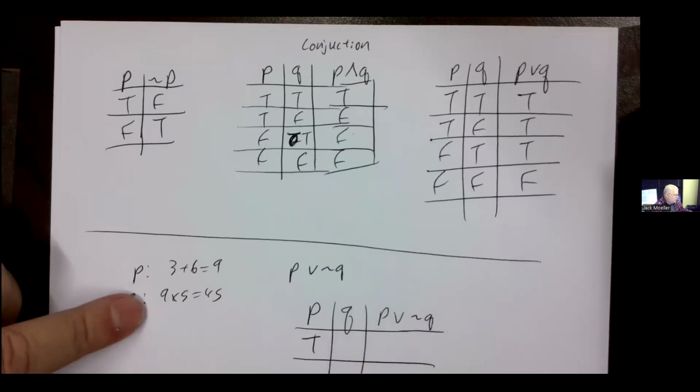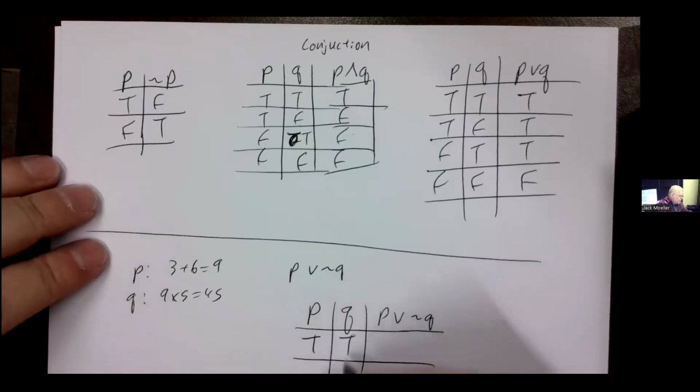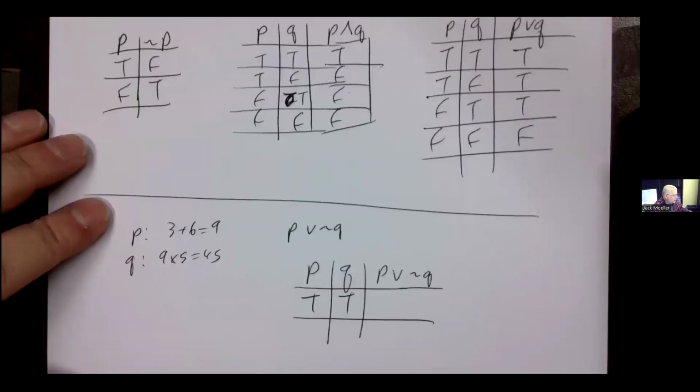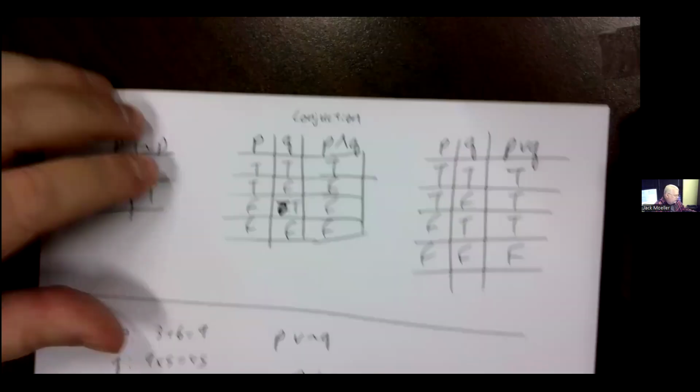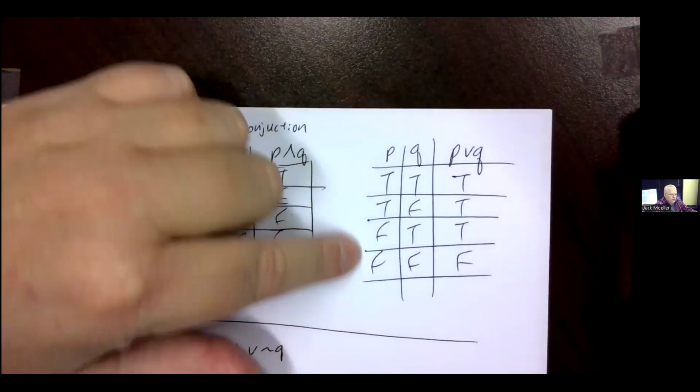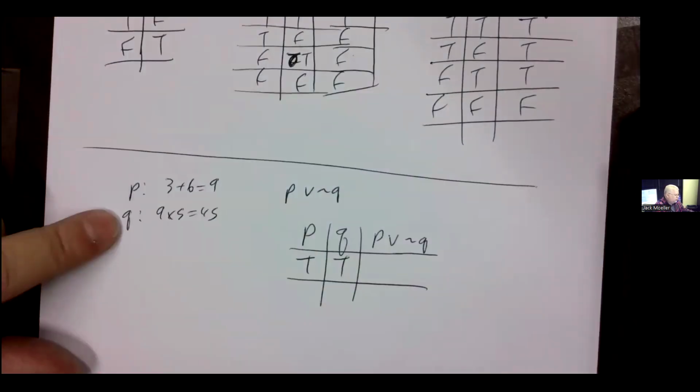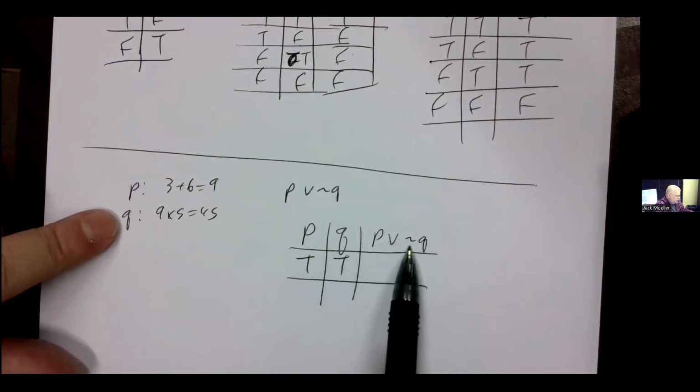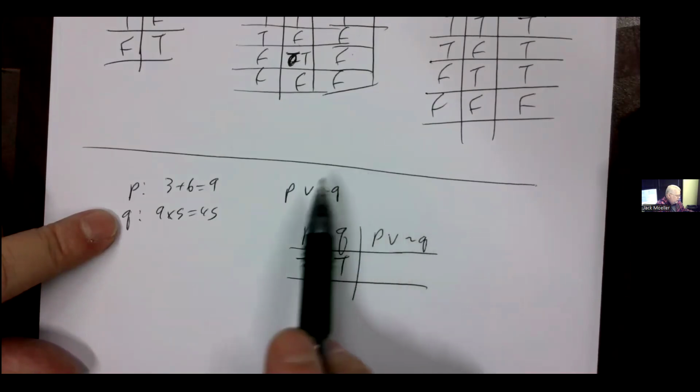And 9 times 5 equals 45, that's also true. So we don't need the rest of the rows, because we're given two statements and we know they're true or false to begin with. And now we need a not Q and an OR.